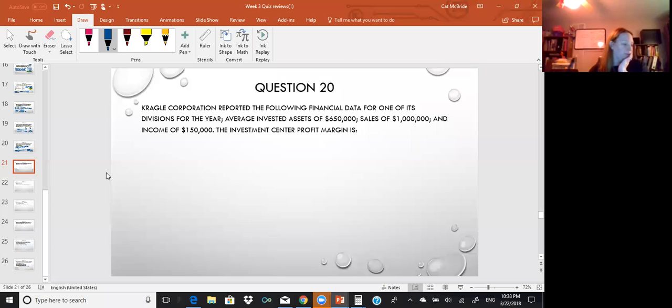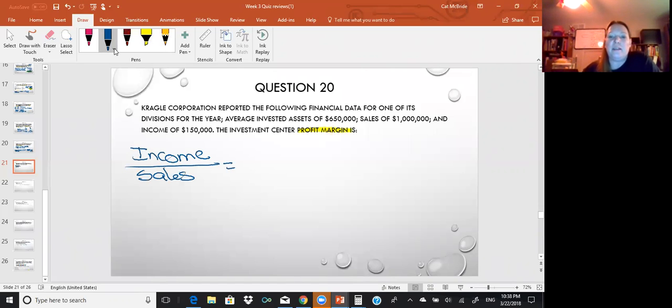Number 20, we're figuring out the profit margin. Profit margin is income divided by sales. In other words, how much of the sales dollars do we get to put in our pocket as profit?